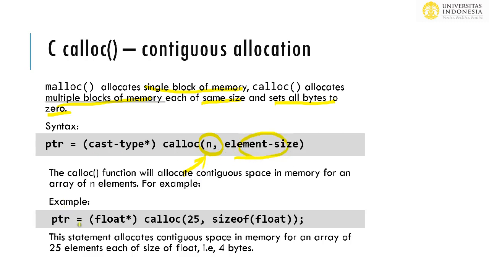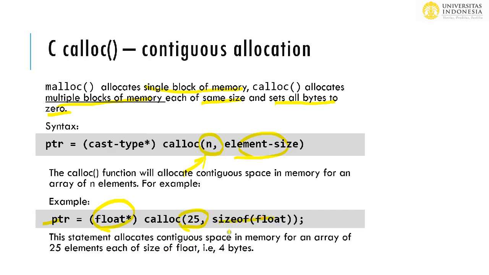So in this case, for example, ptr is the first address, referring to an allocation of contiguous memory of a float-type array with 25 elements, and you have sizeof float as the element size.